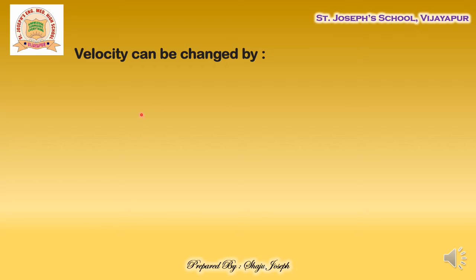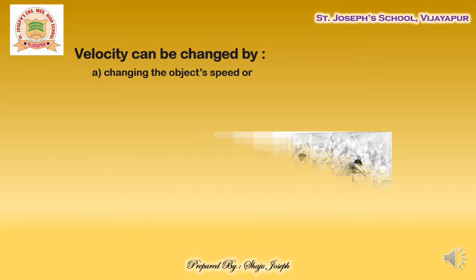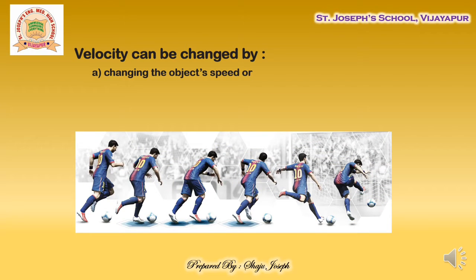Velocity undergoes changes under three conditions. Let us have a look at that. First is changing the object's speed. For example, a ball is moving. A player comes and kicks the ball in the same direction. So the direction of the object does not change, but its magnitude or value changes.